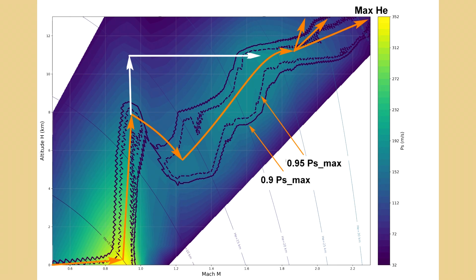It is clearly visible that the often recommended method, climbing to 11 kilometers, then accelerating through transonic flight in level flight to reach the speed of maximum specific excess power, is inferior to the route constructed according to the rules above.